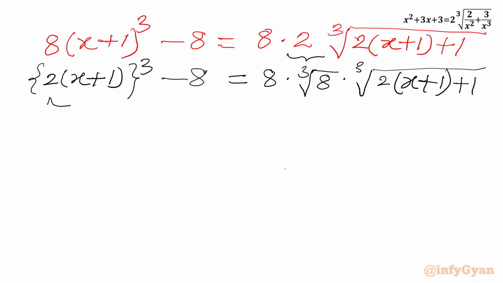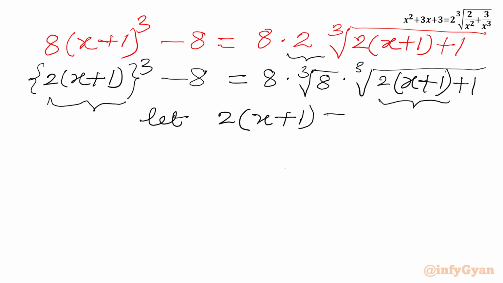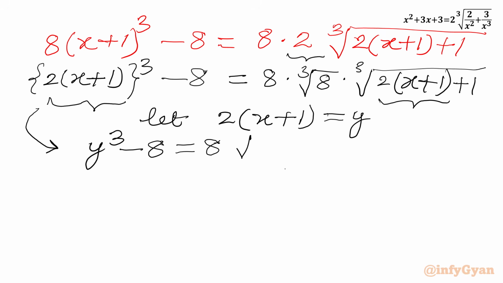Now we have 2 times x plus 1. Let's assume 2 times x plus 1 equal to y suppose. So our equation will become y cube minus 8 equal to 8 times cube root of 8 times cube root of y plus 1.